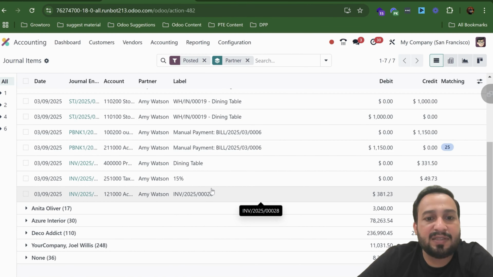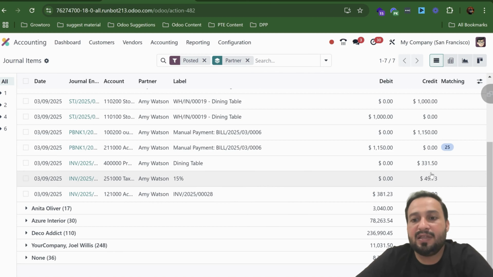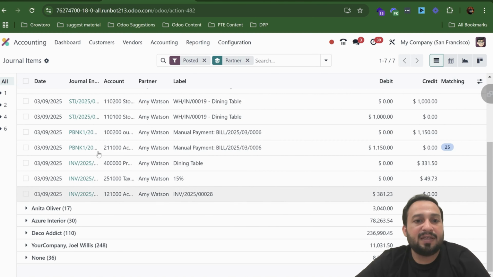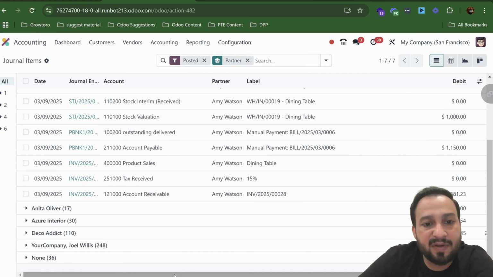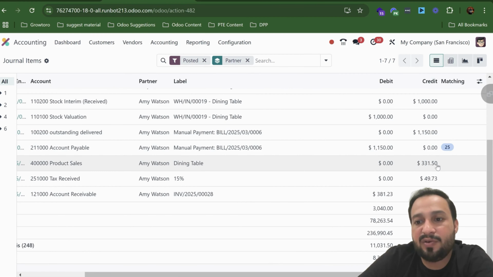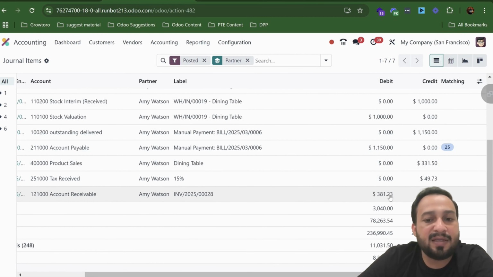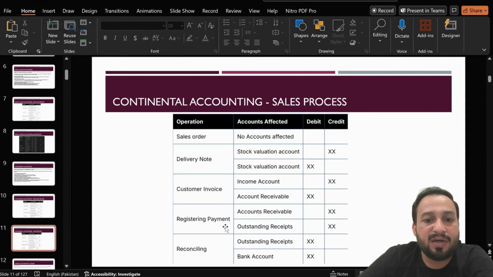So I can clearly see here this is the 331 and 49 is basically the tax, and this is account receivable, product sale and tax received account, and these are showing the value onto the credit and debit side, as we can see into our table.